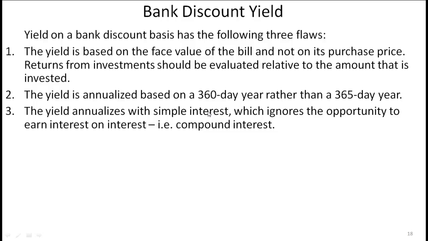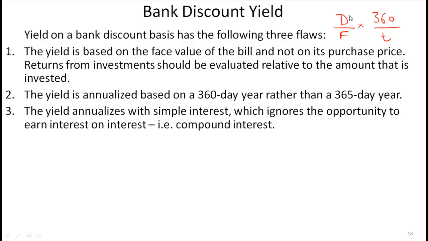The bank discount yield has 3 flaws. The first flaw is that the yield is based on the face value and not on its purchase price. So what this means is that if you recall the formula you just saw, it was discount divided by face value and then multiplied by 360 over number of days.